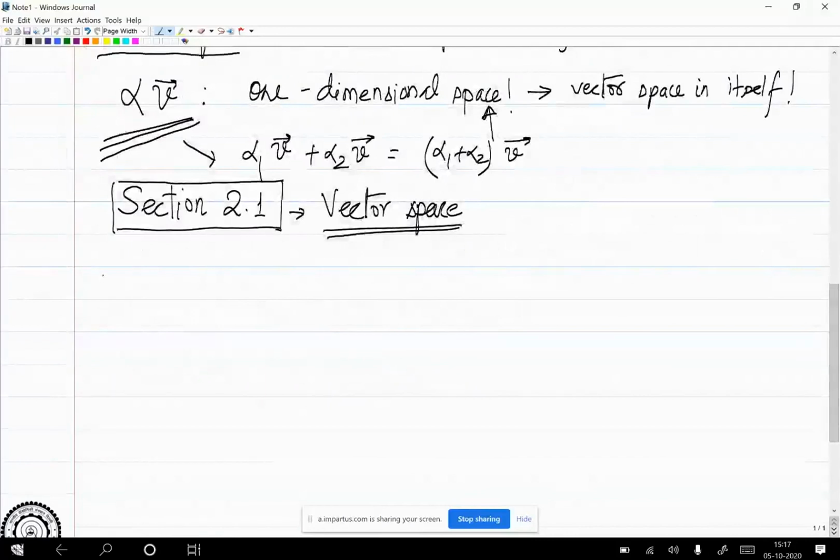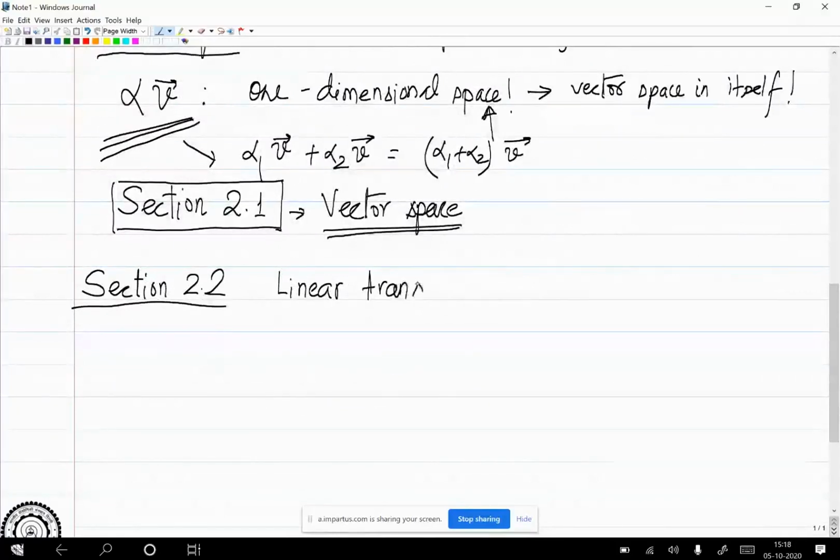Okay? Now let's go to section 2.2. So here we are talking about what is called linear transformation. Now, what is a linear transformation?